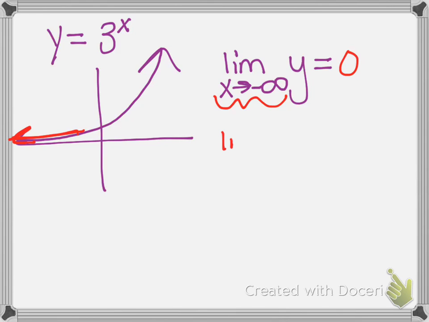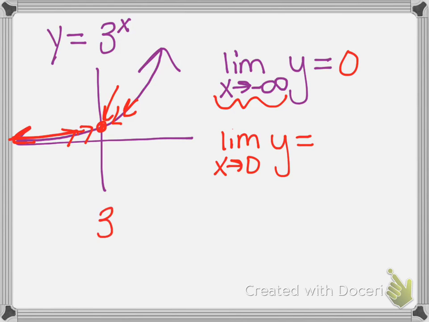I could ask you, what's the limit as x approaches 0 of that function? And here's where x actually is 0, and that point does actually exist. As I approach 0 from the right and from the left, I am approaching that y-coordinate. And that y-coordinate can be generated just by actually plugging 0 into the equation.